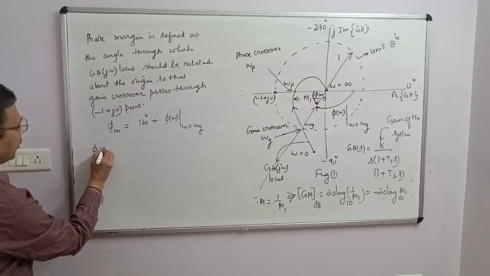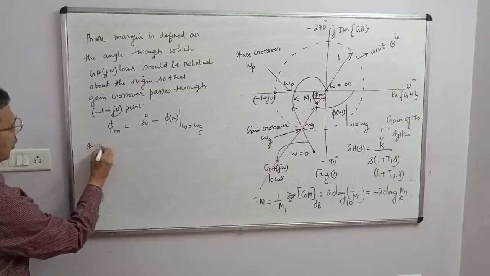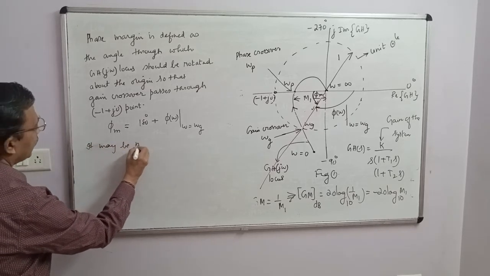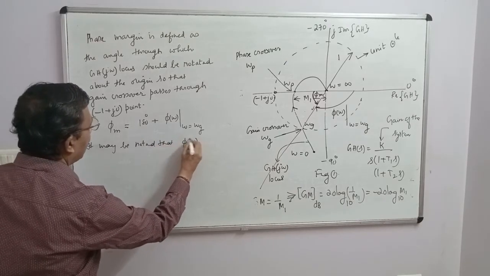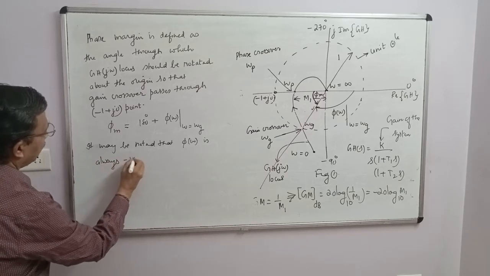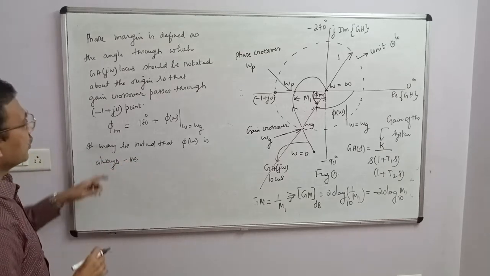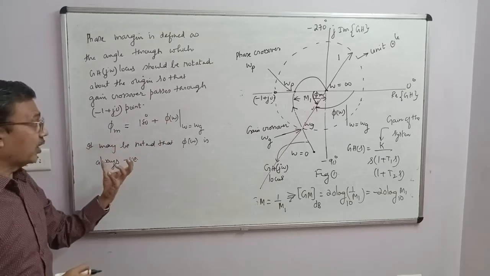It may be noted that phi of omega is always negative. Therefore, even though you are adding phi of omega, actually you are subtracting.